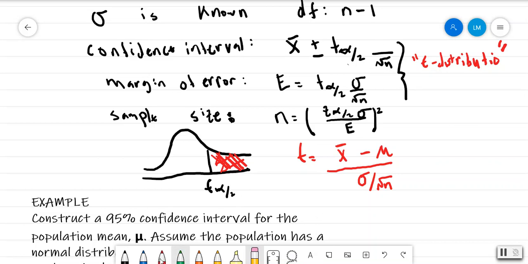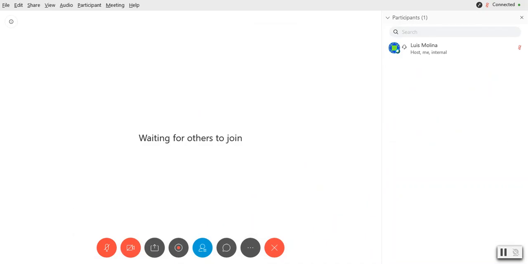But we'll be consistent with the formula. So we have s, and the standard deviation for the sample size will still be the same, because we're trying to avoid having to guess and check the sample size until you get within the desired error. So I'll just put an s right there.